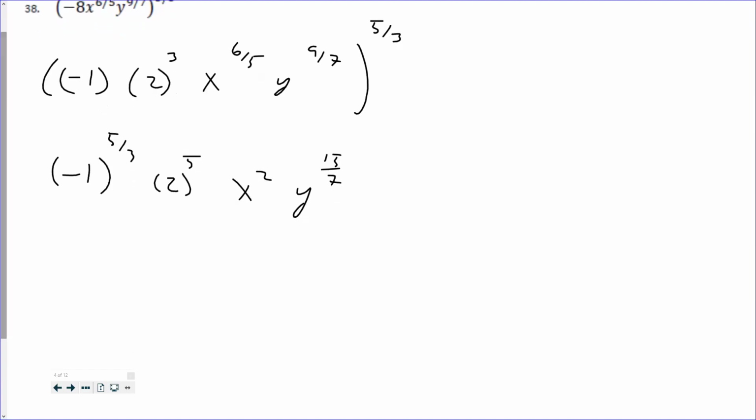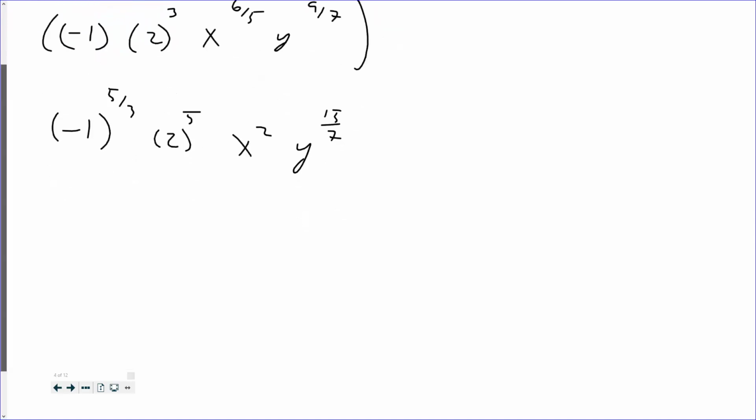Right? Yeah, 15. All right. -1 to the 5/3, that's just going to give you -1. 2 to the 5th gives you 32. And then x squared, y to the 15 over 7 is the 7th root of y to the 15.